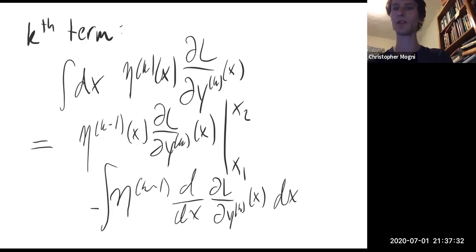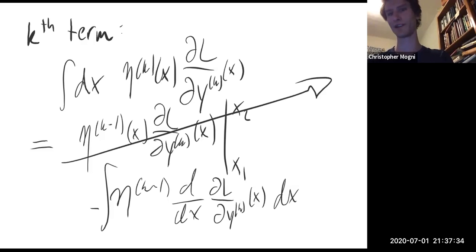Cool. That vanishes. And the reason why is because we've imposed boundary conditions such that the kth derivative up through n minus 1 derivatives on eta vanishes at the boundary, and the boundary is x1 and x2, the bounds of integration.